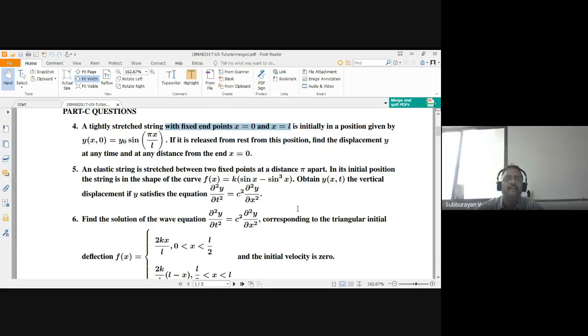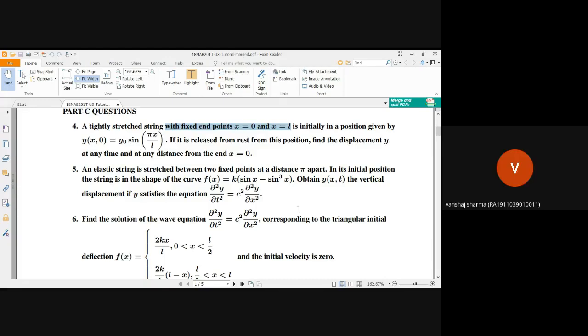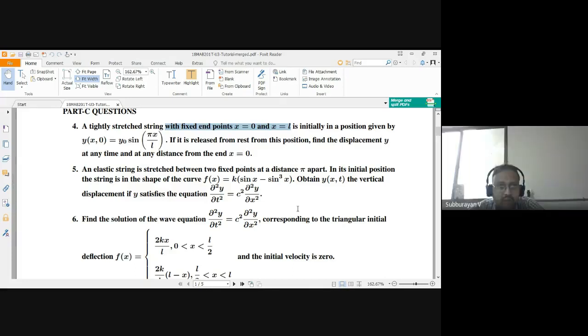Okay, fine. What is the difference between the first question and the second question? In the previous question, they didn't specify the initial position or initial shape of the curve, and they didn't specify the differential equation there.